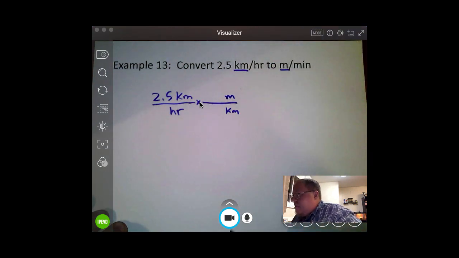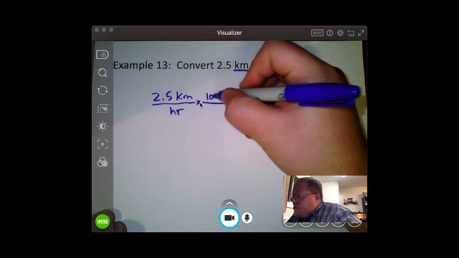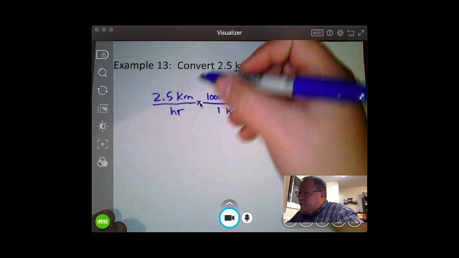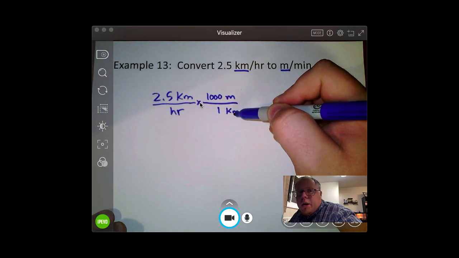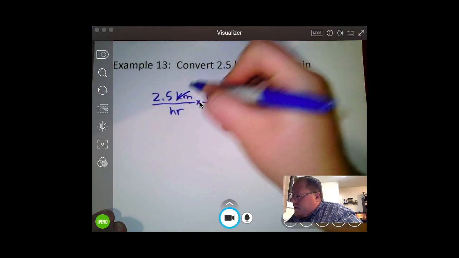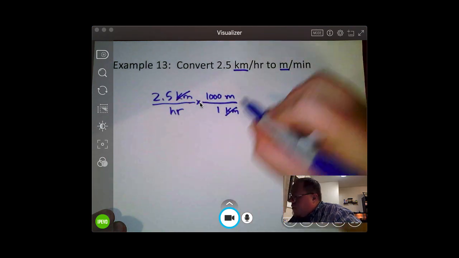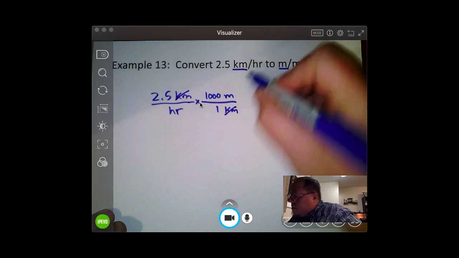Okay, if I remember that metric system, there are 1,000 meters in 1 kilometer. So kilometer per hour will be times 1,000 meters per 1 kilometer. Kilometer is being divided by a kilometer there, so it will cancel. That will get me my meters, okay, but will not get me my minutes from the hours.